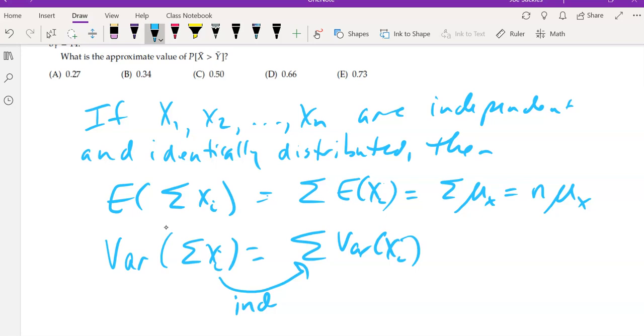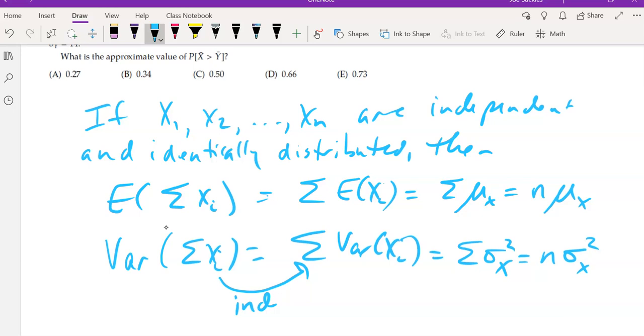If they weren't independent, you'd have to add 2 times the covariance of all the different pairs you could possibly make, which would suck. There would be all of these extra 2 times the covariance of x sub i and x sub j whenever i is not equal to j. Not necessarily a fun thing to do. But again, they're identically distributed, so these all have a common variance, and we just end up with n times the common variance as well.